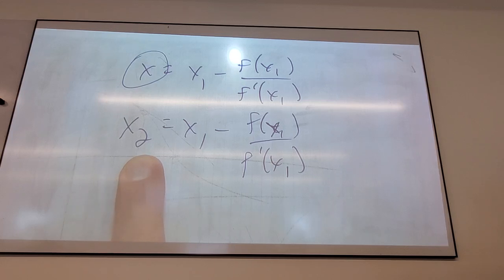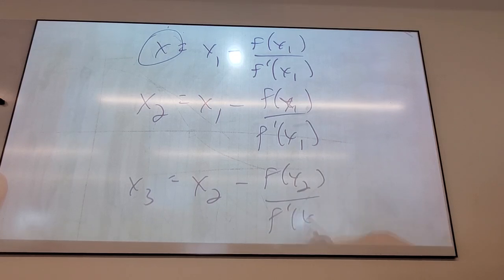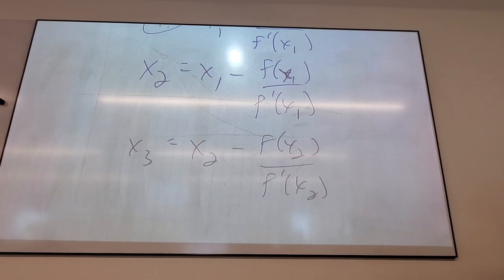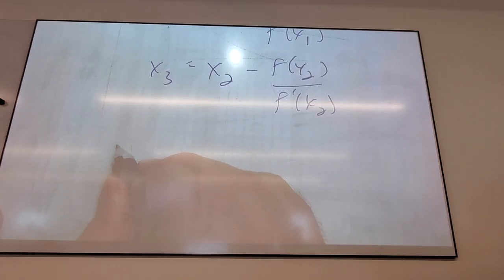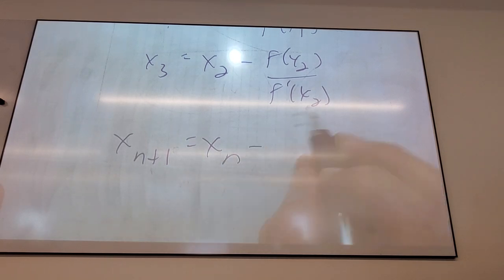How do I get x3? Do it again. Plug x2 into the process, and it'll spit out x3. How do I get x4? Plug in x3. All right, so how do I get x of n plus 1? You plug in x of n.